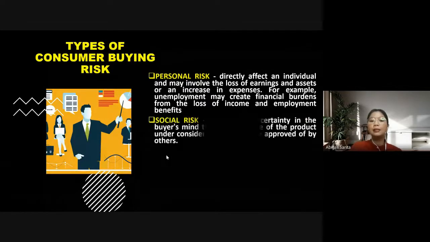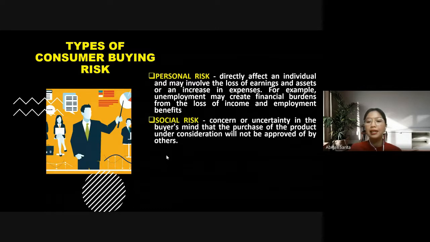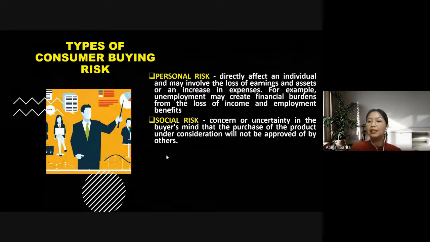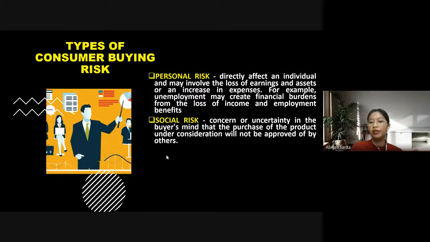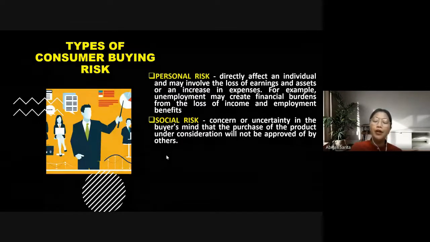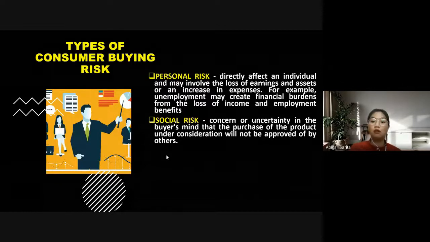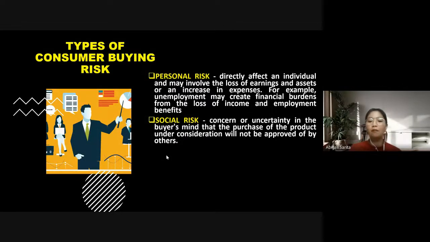So next, social risk. When we say social risk, class, it is a concern or uncertainty in the buyer's mind that the purchase of the product under consideration will not be approved by others. For example, di ba pag may lumalabas na iPhone 13 or tumataas yung number ng iPhone, or may bagong lumalabas na model, maraming ibang tao or merong ibang buyer na nagpo-post sila sa Facebook, ay, di ko naman kailangang bilhin yung iPhone, okay na ako sa Samsung kasi mahal yung iPhone eh.